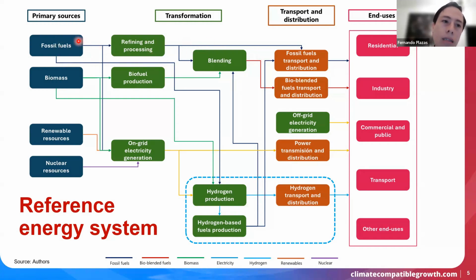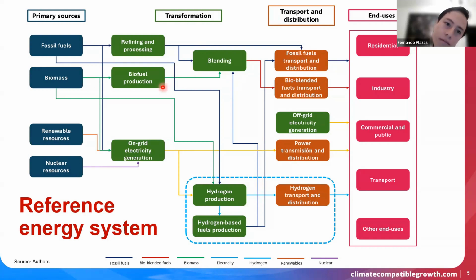And in this case, both fossil fuels and renewable resources could be used for electricity production. That is the first thing that is here. After that, fossil fuels are also used for the transport sectors and for the industrial sector.